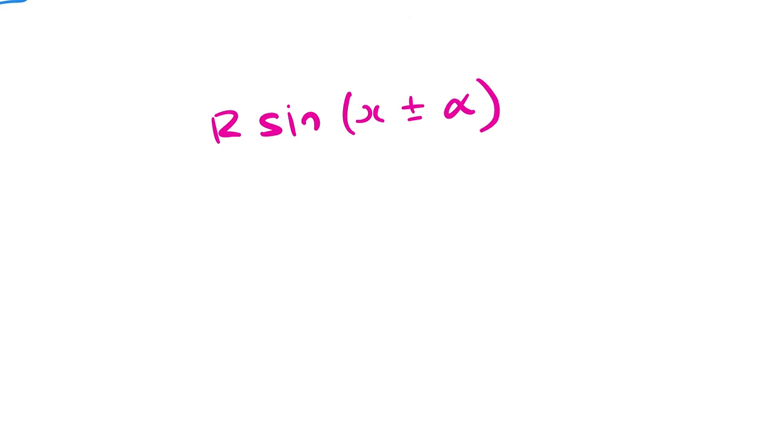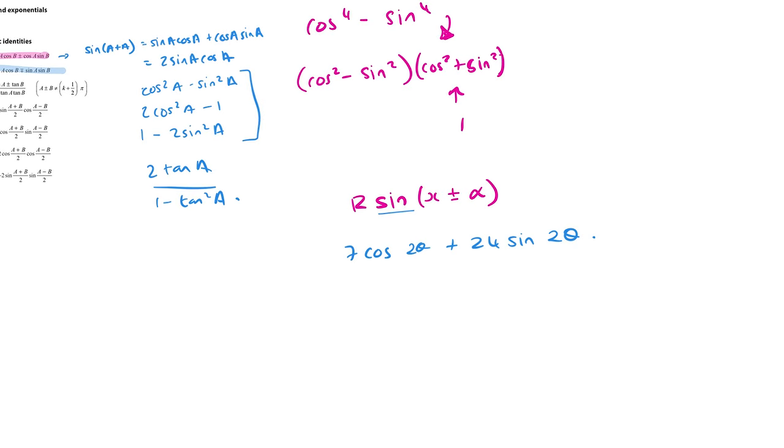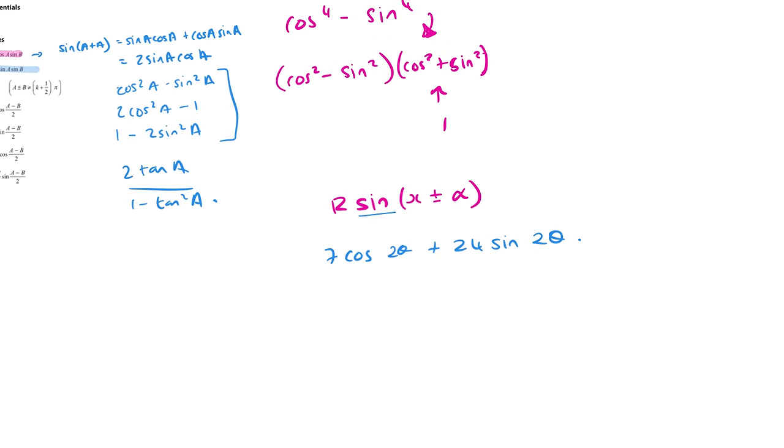So for example, if we had 7 cos 2 theta plus 24 sine 2 theta, and write it in the form of sine or cos, whatever it says. If it says write it in the form of sine, well, what do we know about sine? We have our x plus alpha. Oh no, this is going to be alpha. This is our 2 theta here. So we can see this is our A, this is our B.